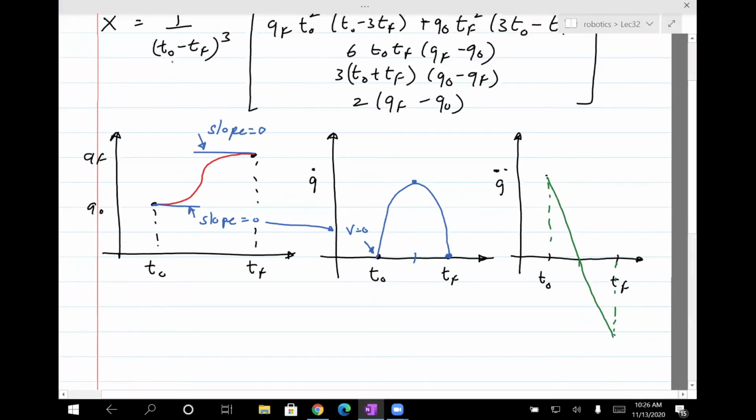So what's going on is it's 0 at t equals 0, then it suddenly accelerates to some non-zero value, and depending on how fast you're going, that acceleration will be more or less. Once it reaches the end point, it's going to decelerate and come back to 0. So this is again a transient response.